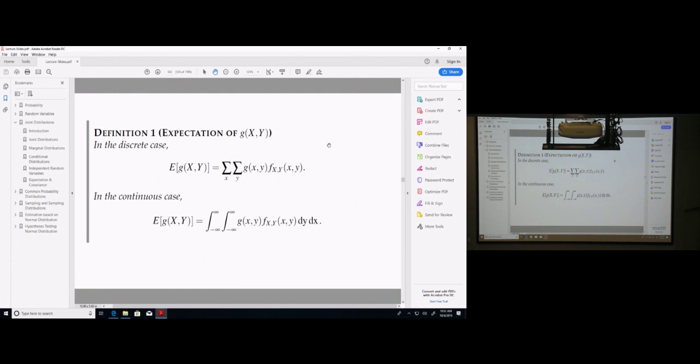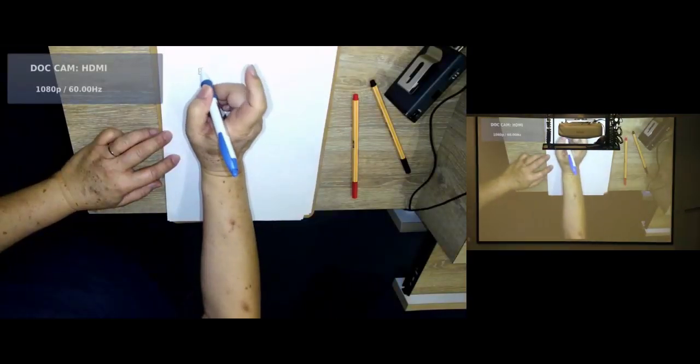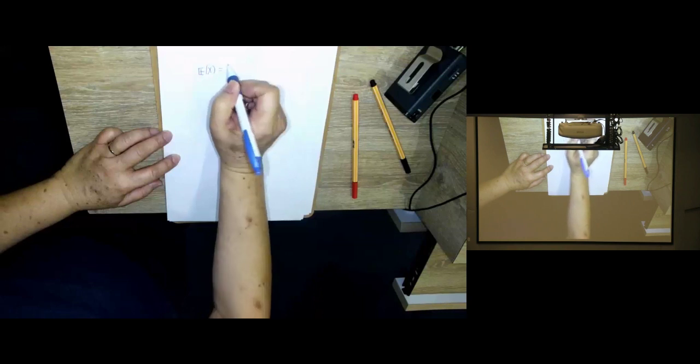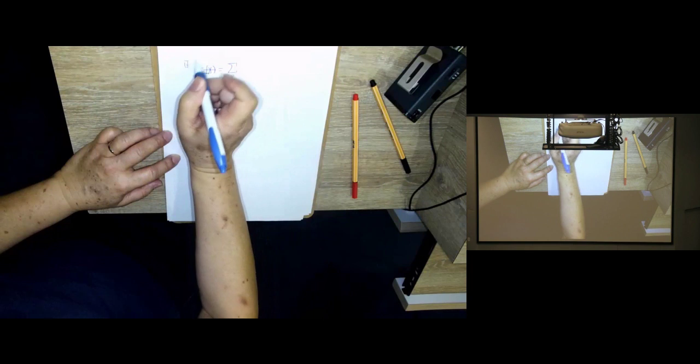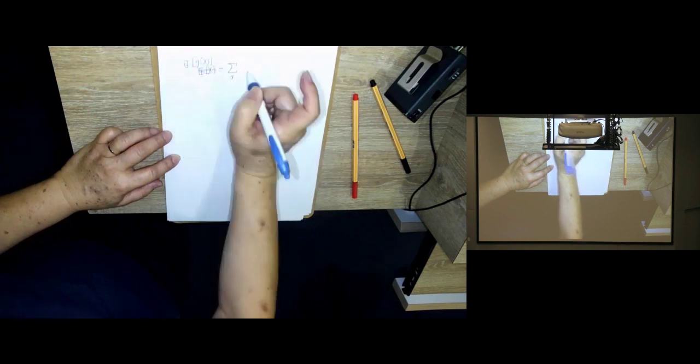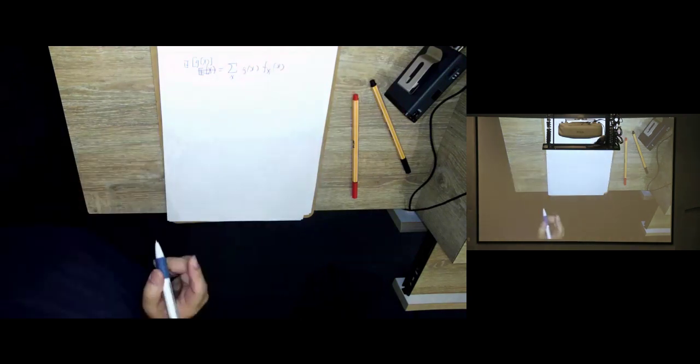All right, so in the discrete case, this is how it is defined. So maybe I want to parallel this with what you have learned in one dimension. So this is actually a generalization. In the discrete case, this is g of x times this, all right?